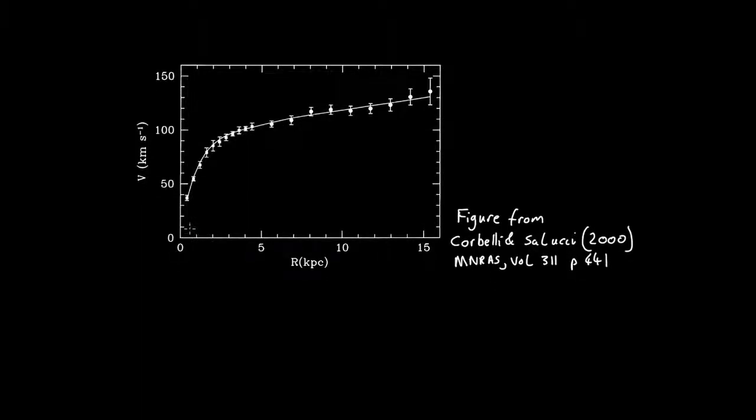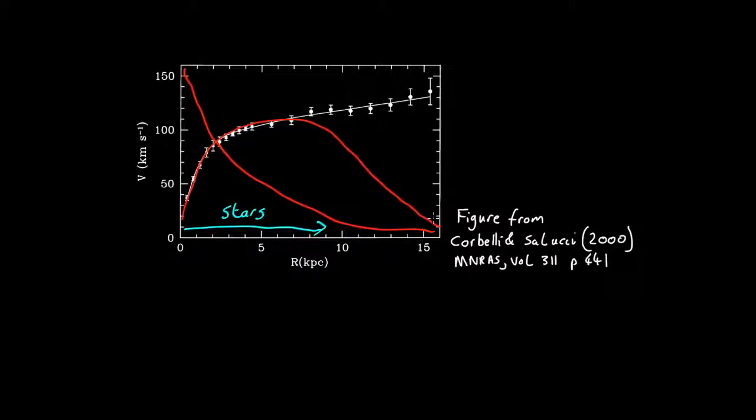So on the scale, the stars go out to somewhere around here. If there was a big black hole in the middle, we would have expected something like this. We certainly don't see that. If the mass was in the form of stars, you'd expect something that goes like this, which works pretty well out to about here, but there's a huge discrepancy over there.